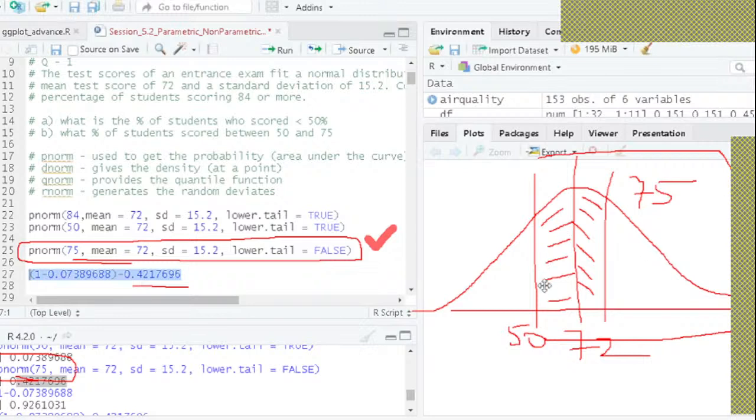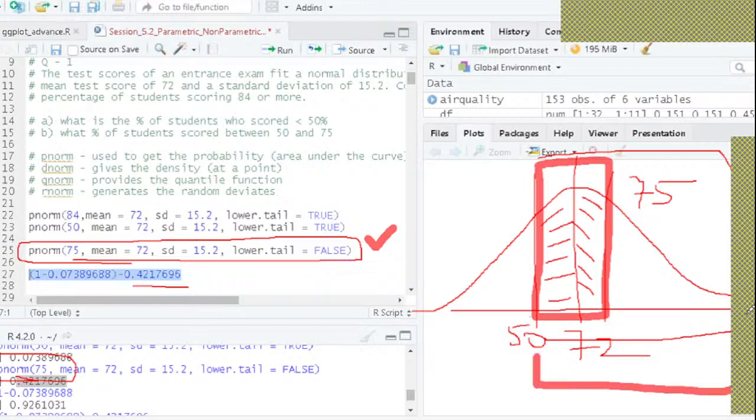Because, see, how will I calculate this area? Tell me. I get the area from 50 and above, which is 1 minus this.